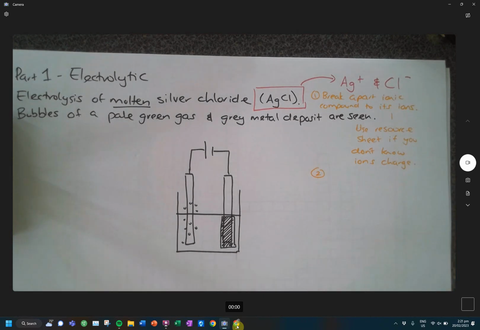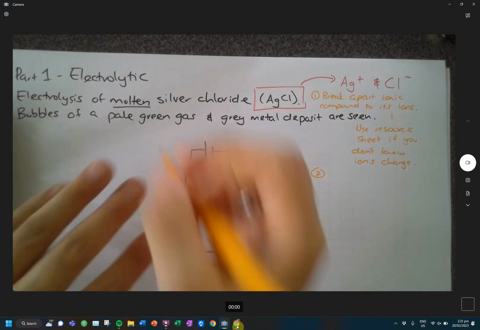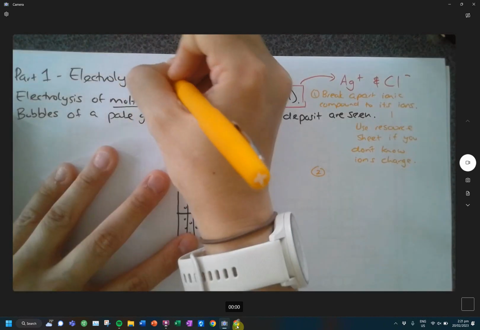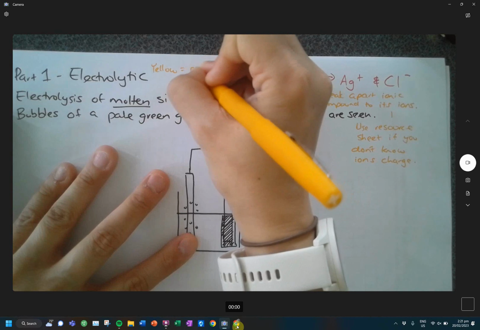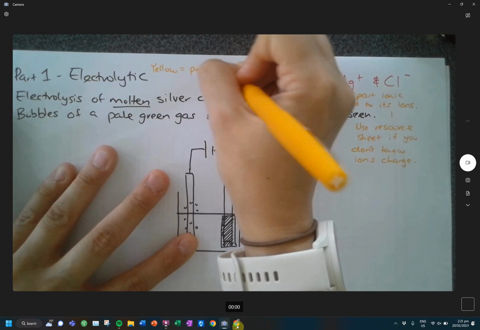Now on this assessment, you don't need to write down any of the stuff that I'm writing in yellow. It's only the red that I need for the assessment. The yellow is just showing you how I'm processing. So yellow equals processing. You don't need to write it.